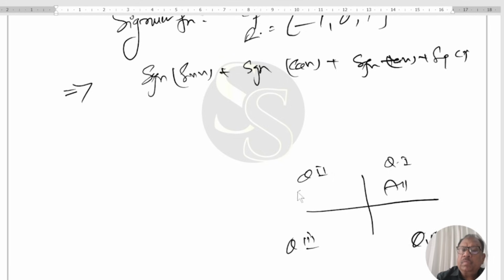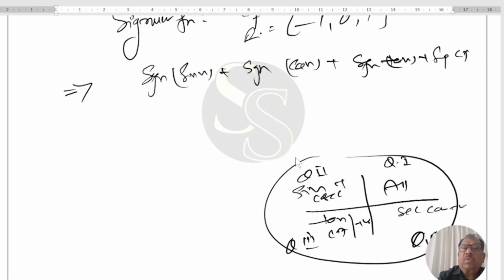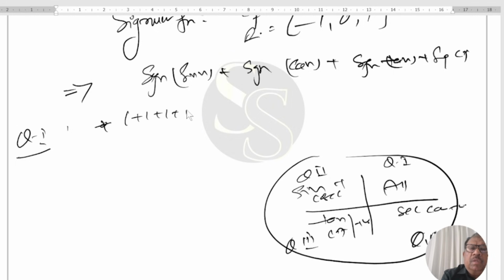In quadrant 1 all are positive, in quadrant 2 sin and cosec are positive, in quadrant 3 tan and cot are positive, in quadrant 4 sec and cos are positive. Now if x belongs to quadrant 1, then the answer will be 1 plus 1 plus 1 plus 1, that is 4.